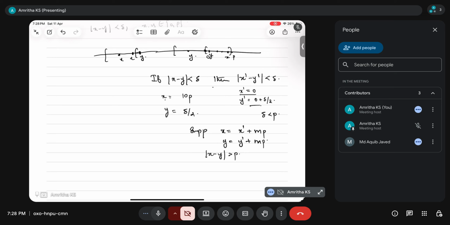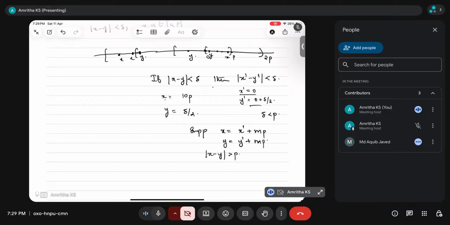But no, I may be wrong. They are adjacent, but what should be their expression if they are adjacent? So maybe you can take 2p, right?